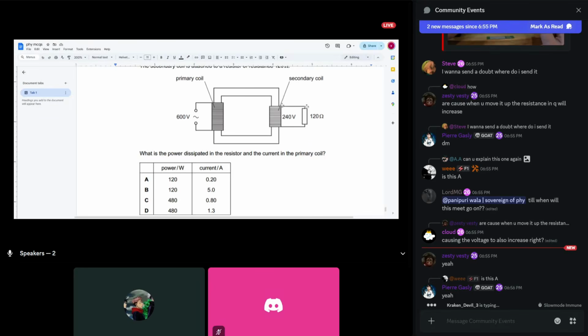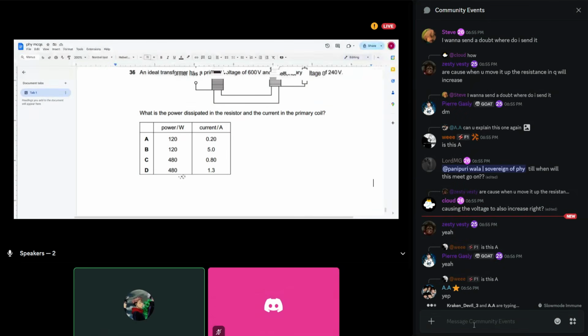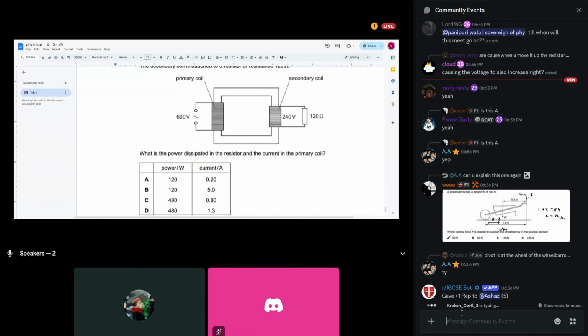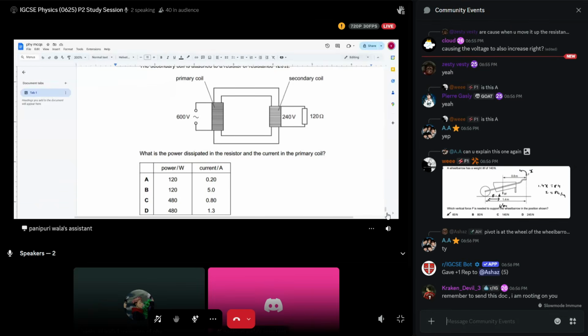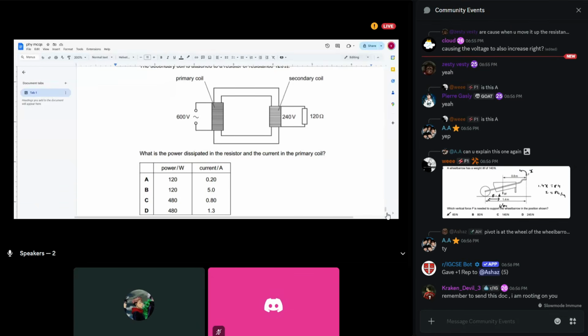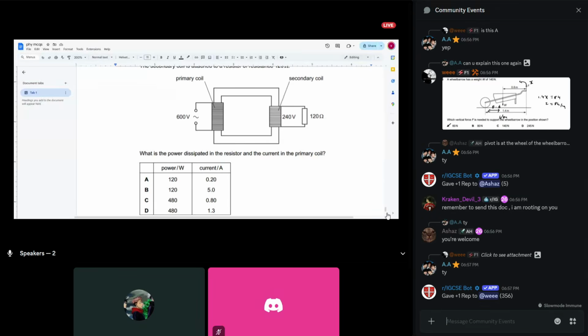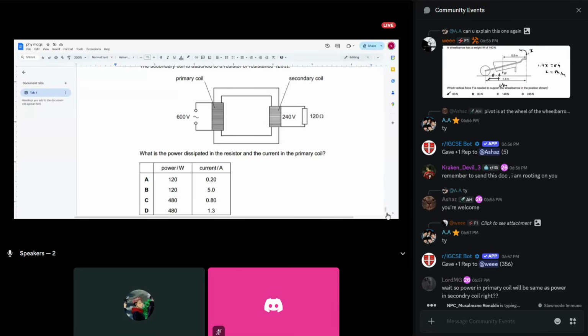And now I have to find the current back in the primary coil. So 480 watts is dissipated. I will send this log so don't worry. Look, after I found the power dissipated, this is 480.